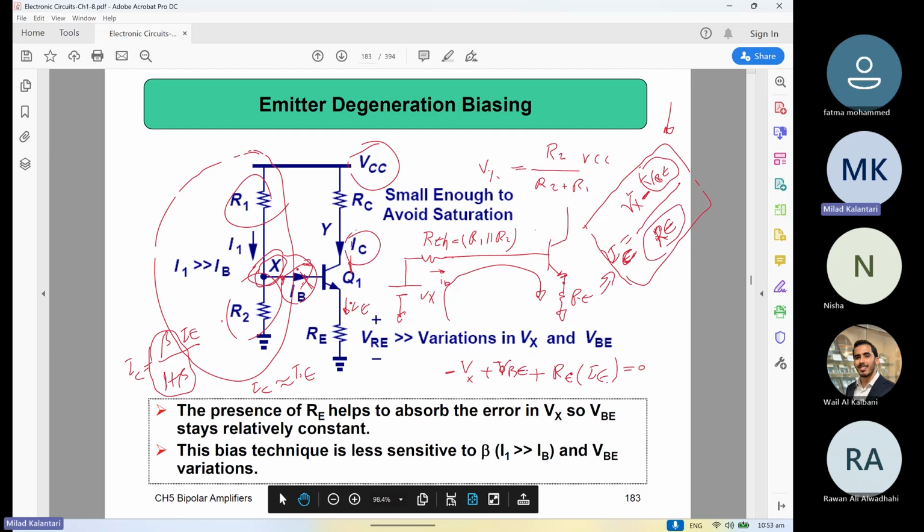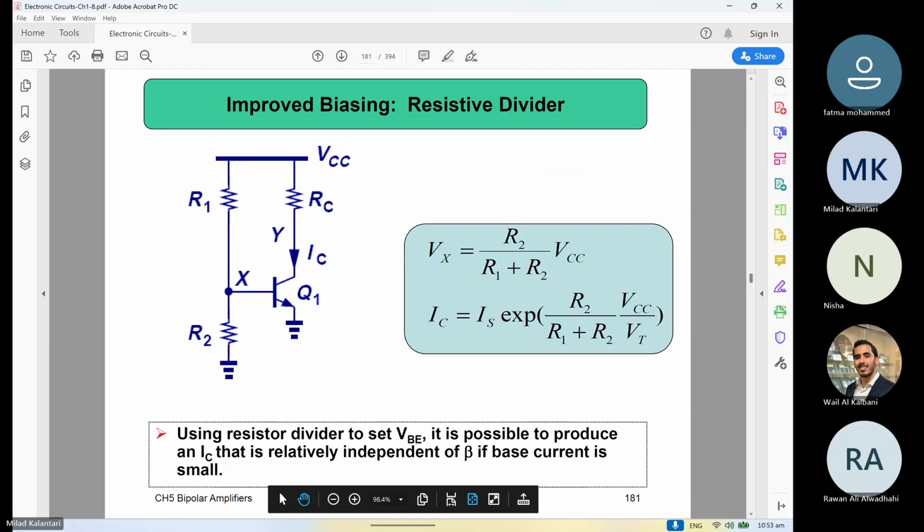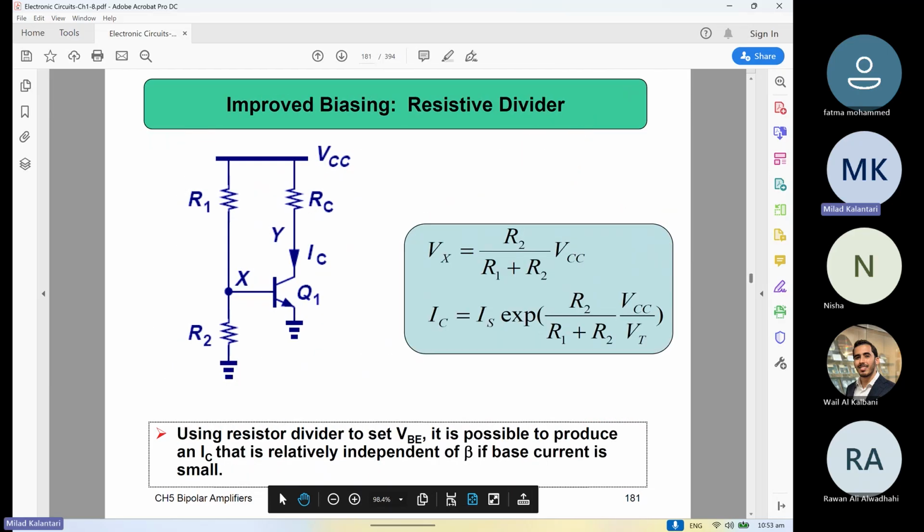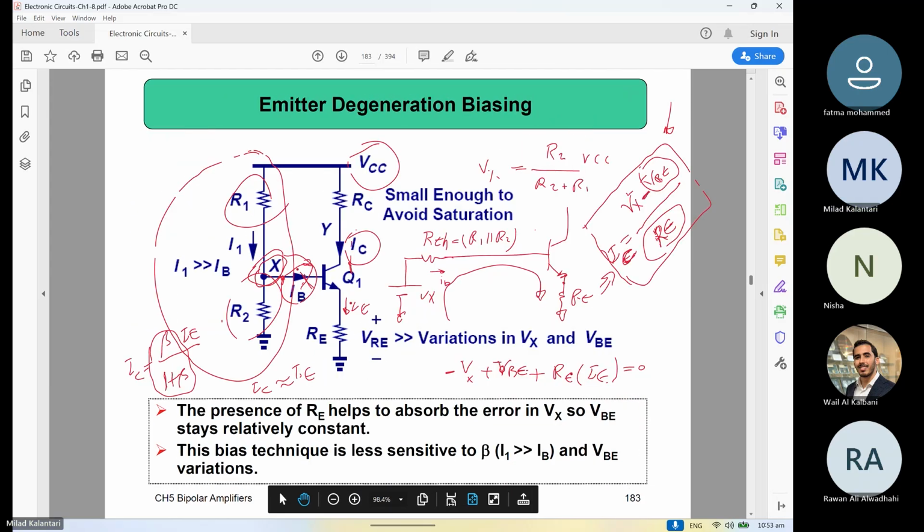So in this case, only the VBE is not under your control, right? Isn't it better than the previous one? The previous one had a beta here, right? So at least it's not depending on the beta. No matter what device you put, you can tell roughly without knowing the beta what the IC current is. So this is a better and more robust design for the bias.